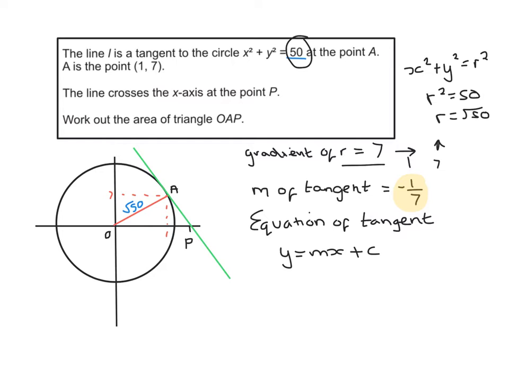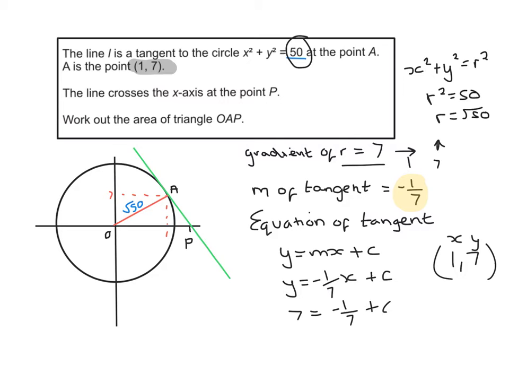So we're going to have y equals minus 1 over 7x plus c. I know a point on that line. A is on that line. And A was that point (1, 7). So x is 1, y is 7. Let's substitute that in. So you've got y is 7, x is 1, so it's minus 1/7 times 1, so that's going to be minus 1/7 plus c.